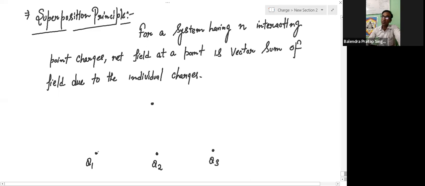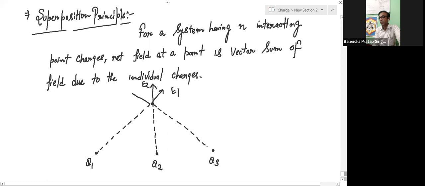It will be something like this. This is your electric field E1. What will be the electric field due to Q2? All are positive charges, so the direction of the electric field is outward. This is your electric field E2. And what will be the electric field due to Q3? It is like this, at this point.